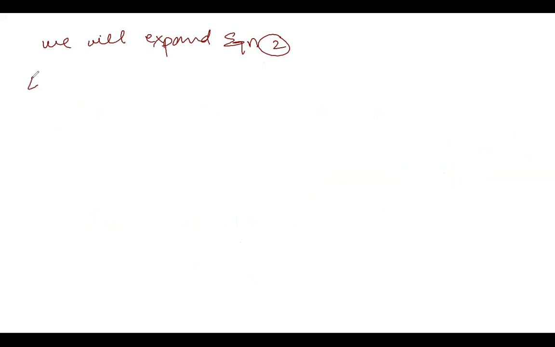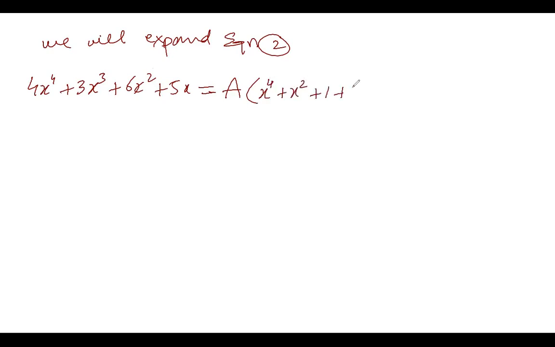Left hand side will remain the same, x4 plus 3x cube plus 6x square plus 5x is equal to, now a into x4 plus 2x cube plus 3x square plus 2x plus 1.